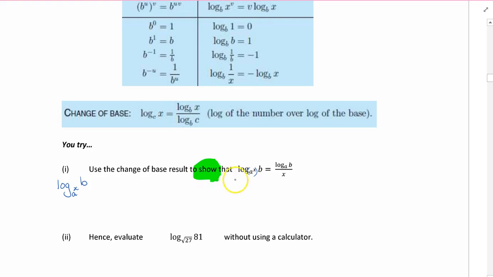Okay, in this first one, you'll notice that I've actually introduced a bracket there. The notation's not very clear when I typed it up. What I actually mean is show that the log to this unusual base, a to the power x, that is the entire base of b, can be written in this format. And they're giving you a bit of a hint in that you'll use the change of base rule.